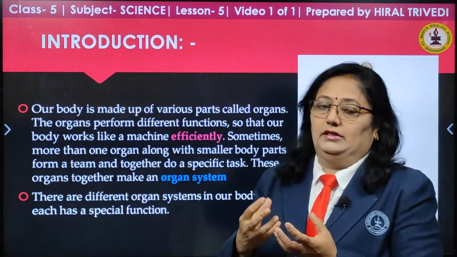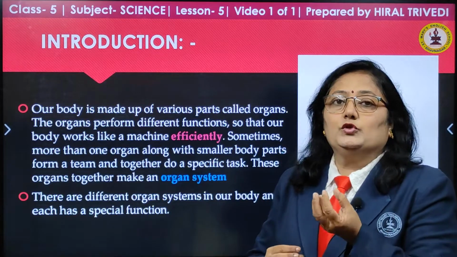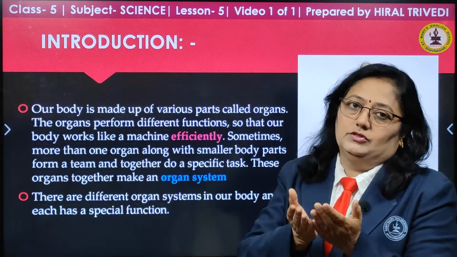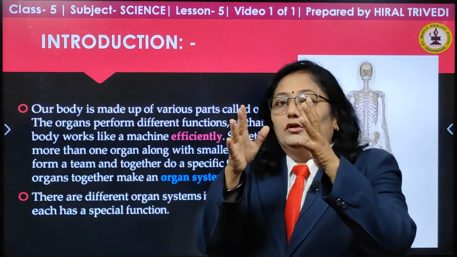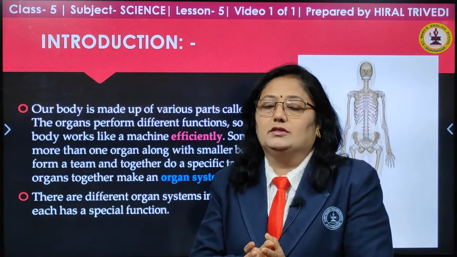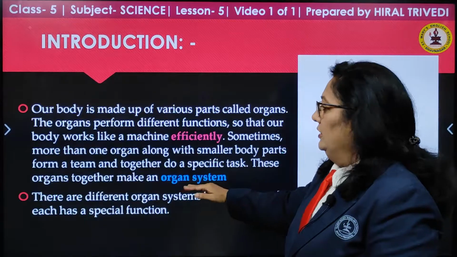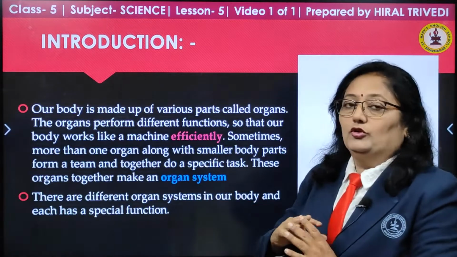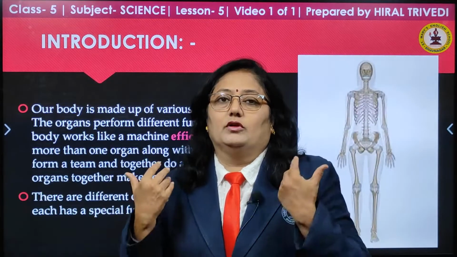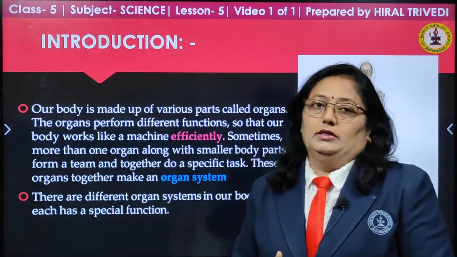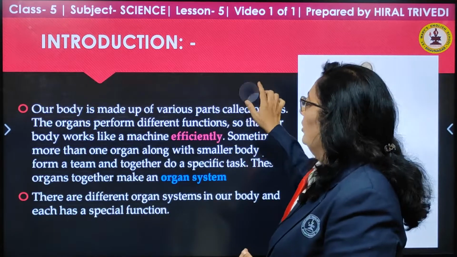If it is a liver, it turns into a liver. If it is going to turn into a stomach, then it turns into a stomach. And all the organs of the digestive system together form the digestive system. So, here it is written organ system. We are talking about all the systems working in our body. So we will talk in detail.